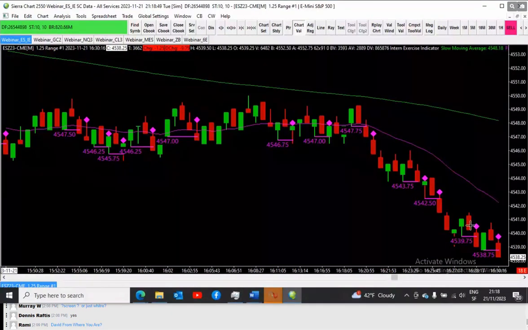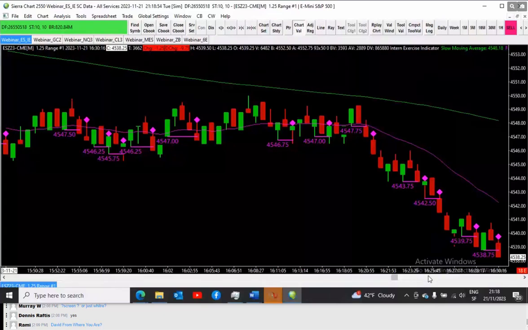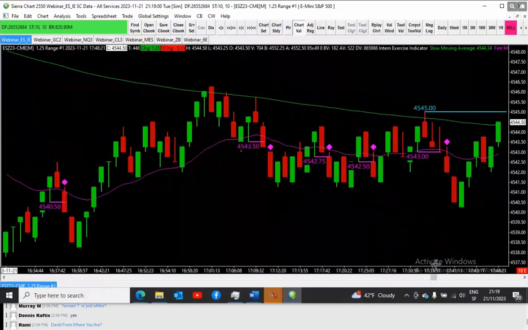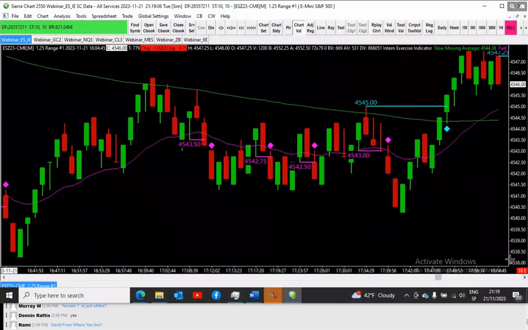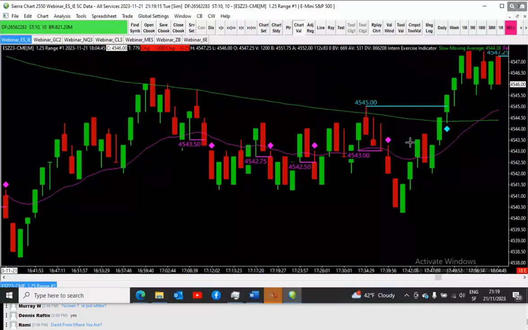So you can see that things remain pretty much on a downtrend for most of the day. This is today's chart, by the way. All of the examples are from today, so I didn't pick out any really good ones. But you can see that as we got into about 5:30 my time, so it's about 11:30 a.m. New York, we started to see the fast moving average start to move up.